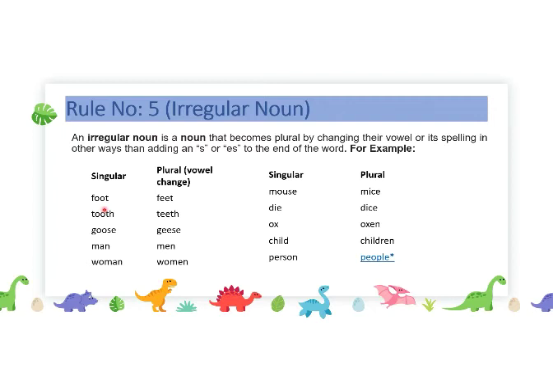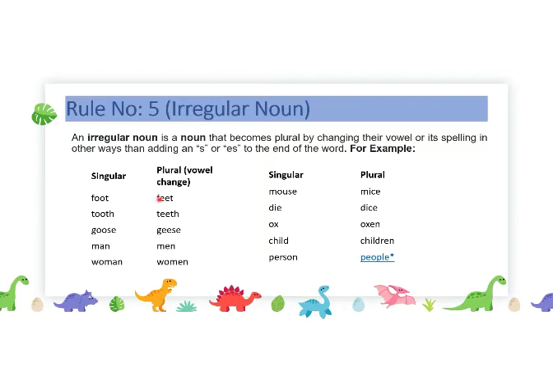So here we have changed the vowel sound. Double O is changed to double E. So foot became feet. Tooth, teeth. Goose, geese. Man, men. Yes, this you all have learned. Man, men. Woman, women.